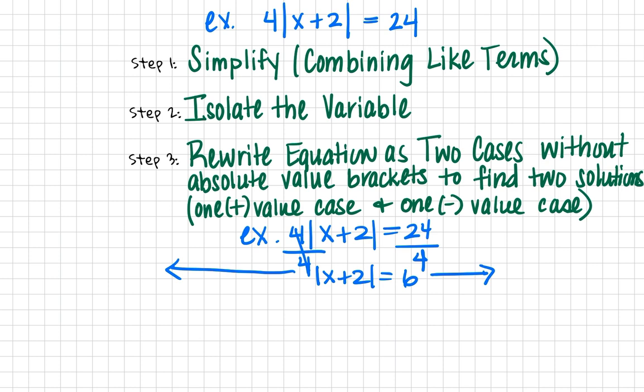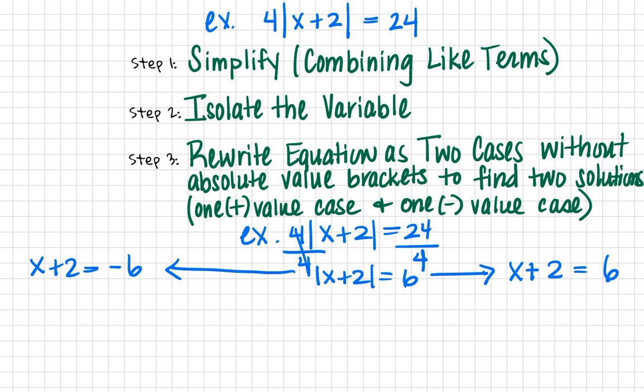So it's going to be x plus 2, and I have to set it to a negative and a positive. So I'll put negative on this side. I'm going to do it again: x plus 2 without the brackets is equal to positive 6. So I have one equal to the negative value, negative 6, and one equal to the positive value of 6.